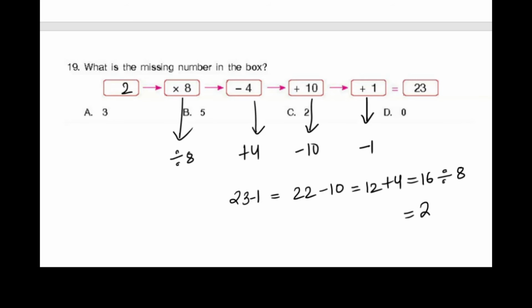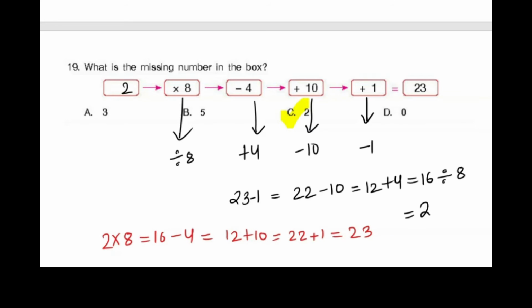So 2 will be the answer, where 2 is Option C. That means 2 times. Now let's check. 2 times 8 is 16, minus 4 is 12, plus 10 is 22, plus 1 is 23. Right? So option C is the correct option.